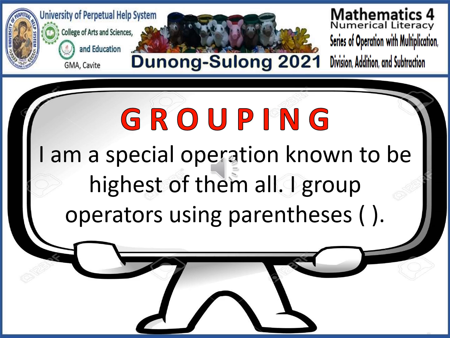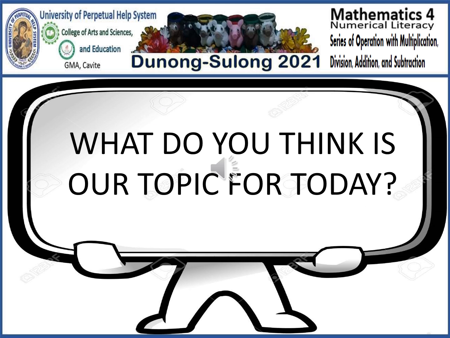Very good. Again, grouping, it is a special operation known to be the highest of them all. I group operators using parentheses. After all the mystery words, what do you think is our topic for today?